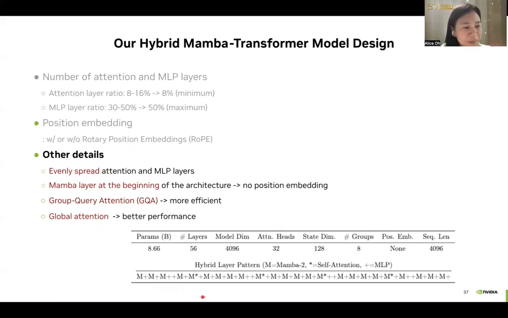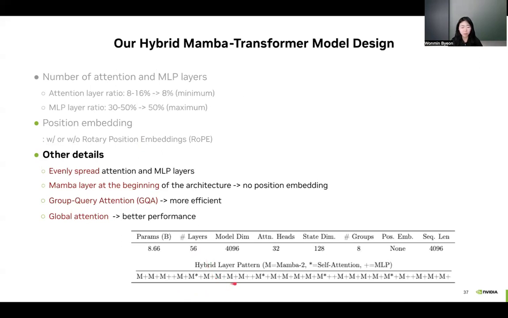As you can see, there's no pattern or anything. We just evenly spread them out. Basically, from the Mamba layers we have a certain number of layers, in this case 56. Then we determine how many attention layers we need, and for the 56 layers, 8% was 4 layers.